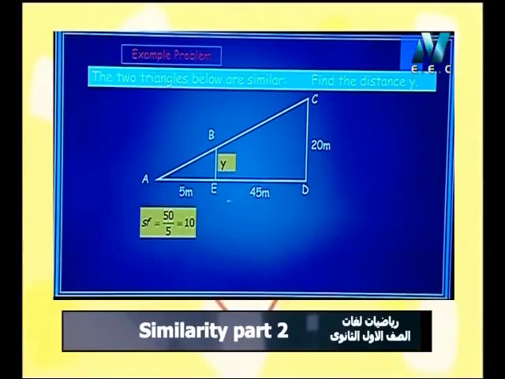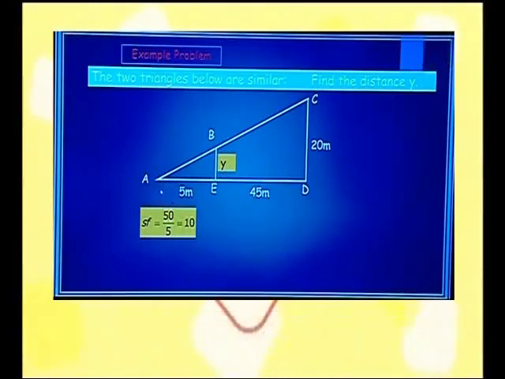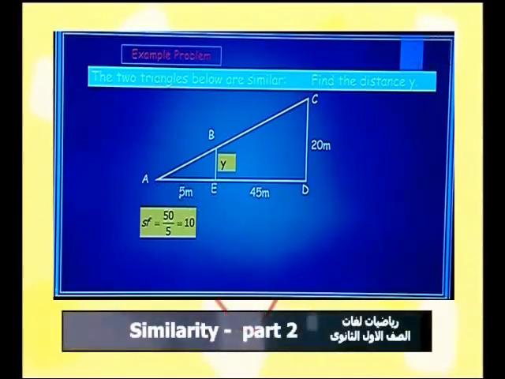The scale factor here equals 50 over 5. Why? Because AE is proportional to the whole side AD, and AD equals 50 because it is the sum of 5 and 45. So 50 over 5 equals 10. When we divide 20 by 10, it equals 2 meters.